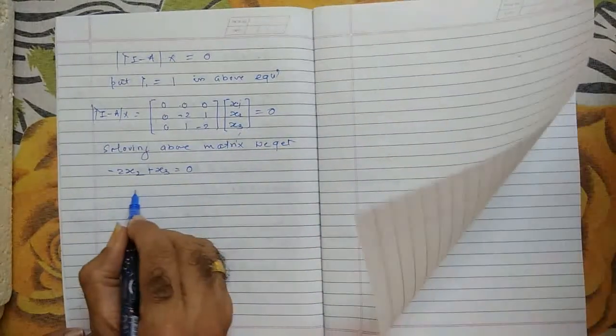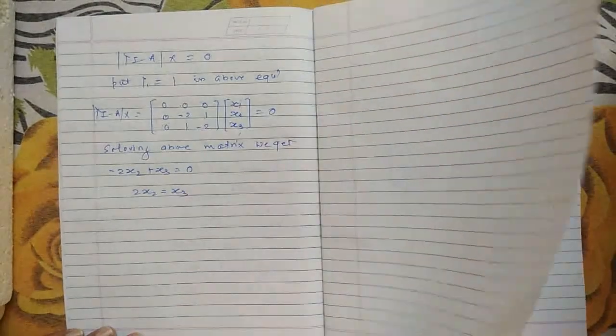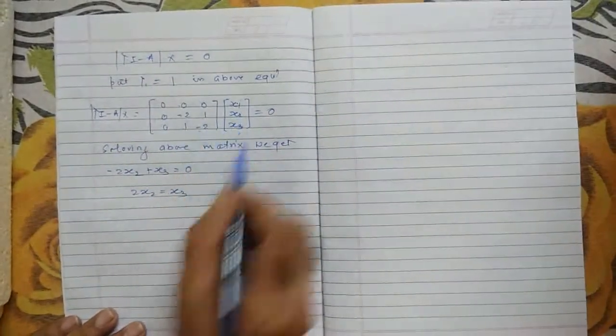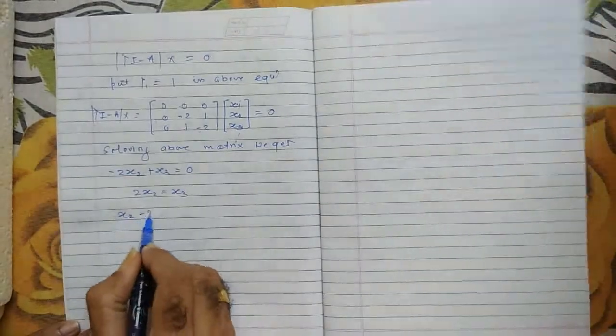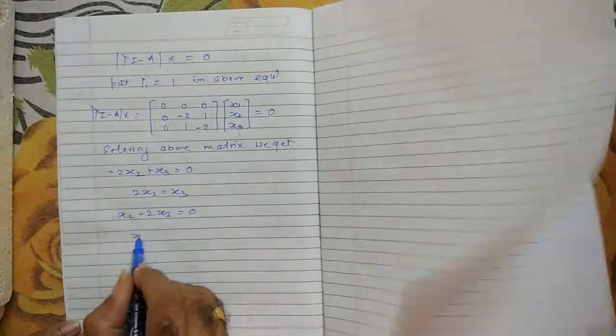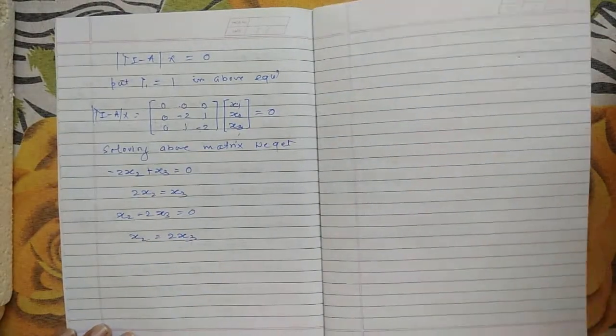So we have 2x2 equals x3, and here is x2 minus 2x3 equal to 0. So that means x2 equals 2x3.